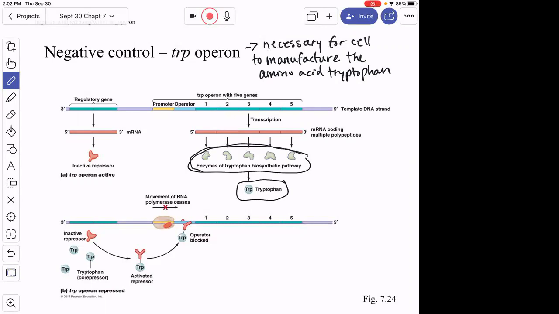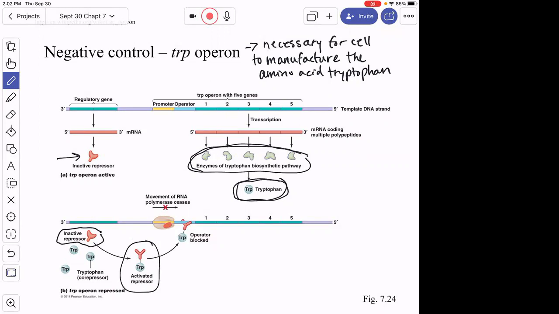But what if we put those cells in some medium where we've already provided tryptophan for them? It doesn't make sense for them to just keep making their own. That would be wasting energy. So we found that tryptophan will bind to a repressor that before was inactive, but now that it's bound with tryptophan, that activates the repressor.